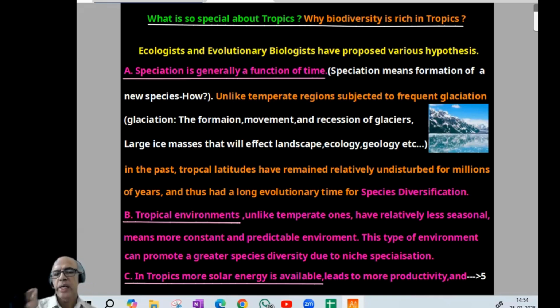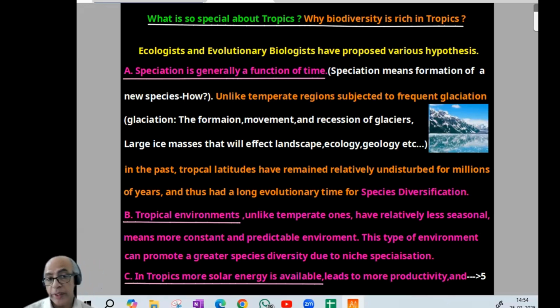Now the sentence is, unlike temperate regions subjected to frequent glaciation in the past, tropical latitudes have remained relatively undisturbed for millions of years, and thus had a long evolutionary time for species diversification. Now, the second reason: tropical environments, unlike temperate ones, have relatively less seasonality, meaning a more constant and predictable environment.